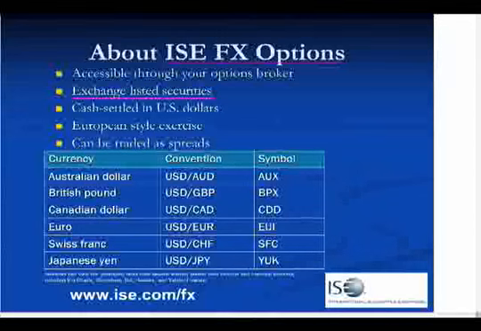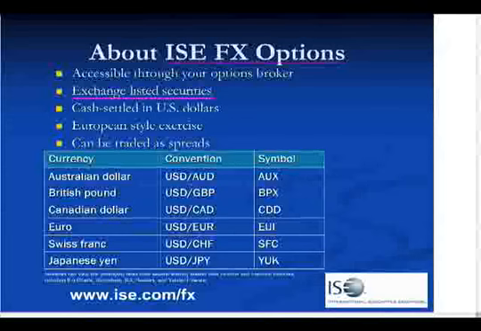It used to be a lot more difficult to trade the foreign exchange markets, but ISE has made it real simple to trade these pairs, if you will, comparing the U.S. dollar against, in this case, 6 other major currencies. They are accessible through your options broker. They are cash settled, so that's useful, and of course they keep it in U.S. dollars, which keeps it real simple.